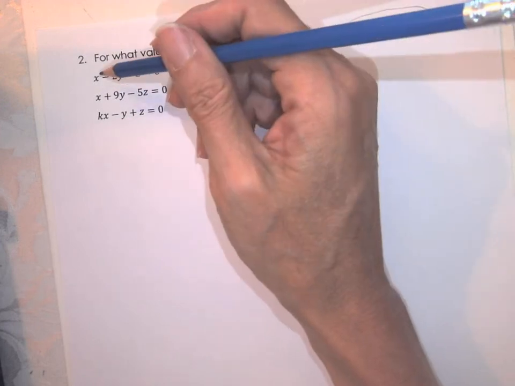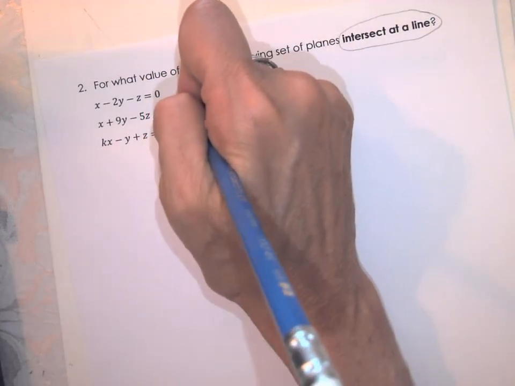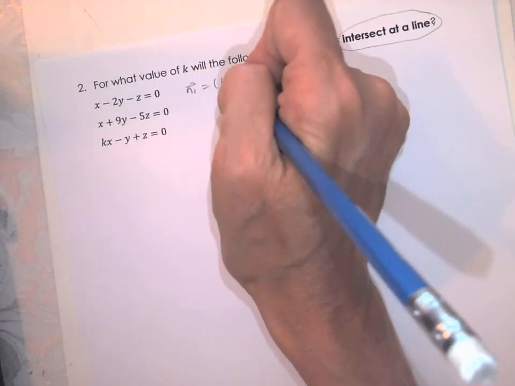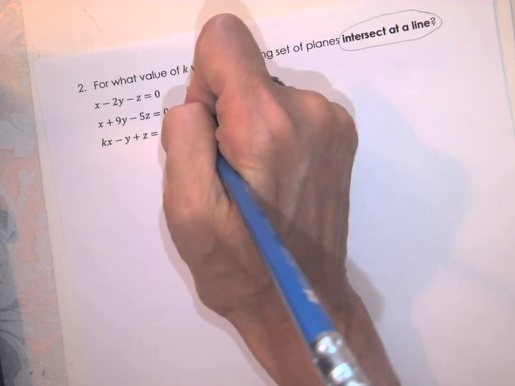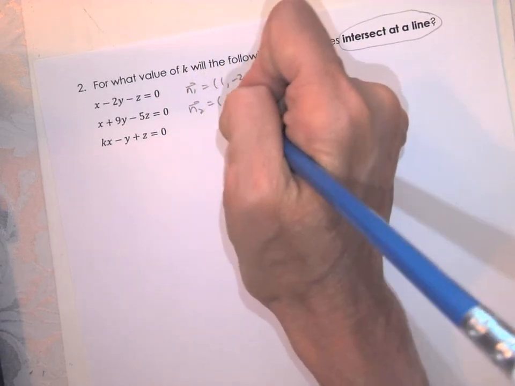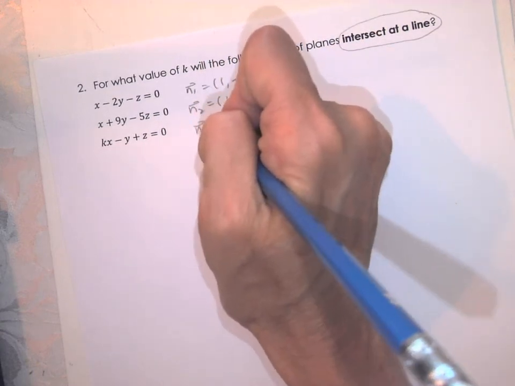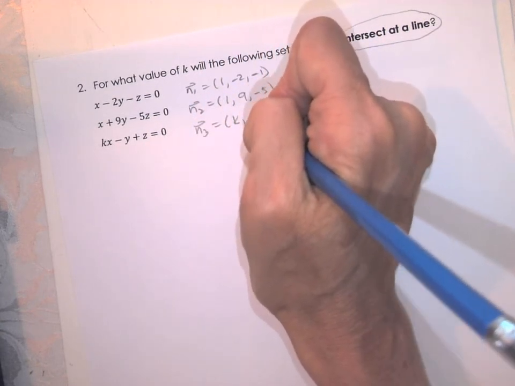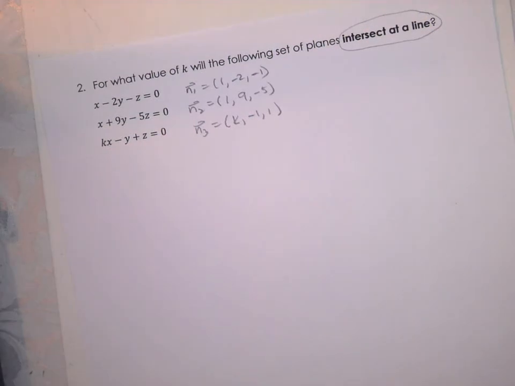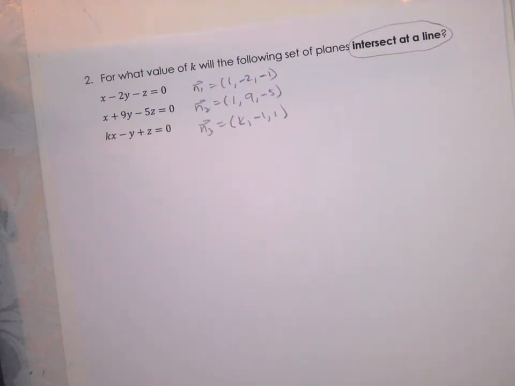Our normal n1 is 1, negative 2, negative 1. For n2, it's 1, 9, negative 5. And for n3, it's k, negative 1, 1. So they don't look like scalar multiples at all.